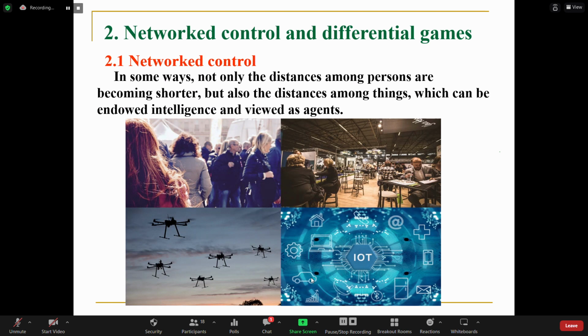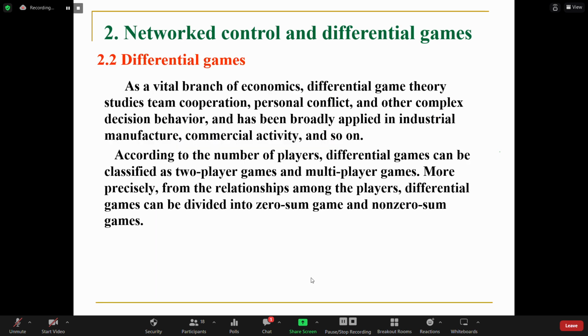Today is an age full of network and intelligent control. However, to achieve a great network control, we may by means of differential games. Differential games theory is a vital branch of economics.